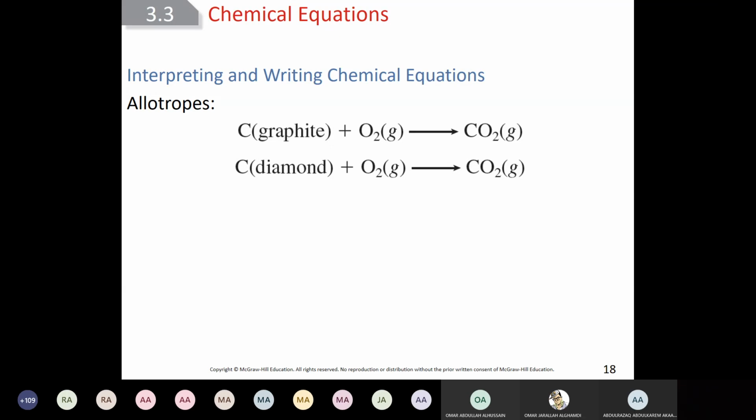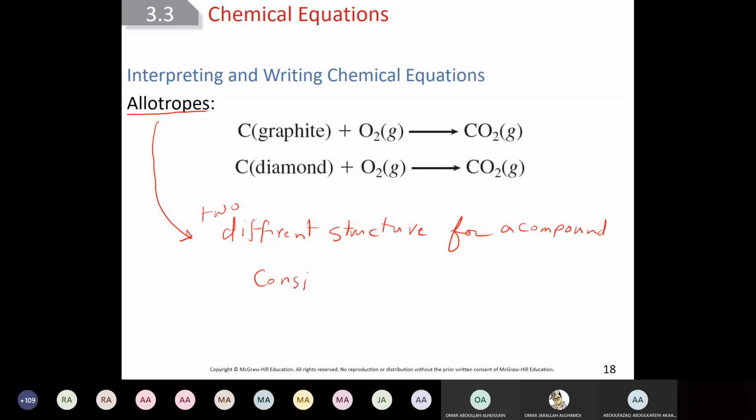Okay. If we have allotropes, what do allotropes mean? Allotropes are two different structures for a compound consisting of one element.